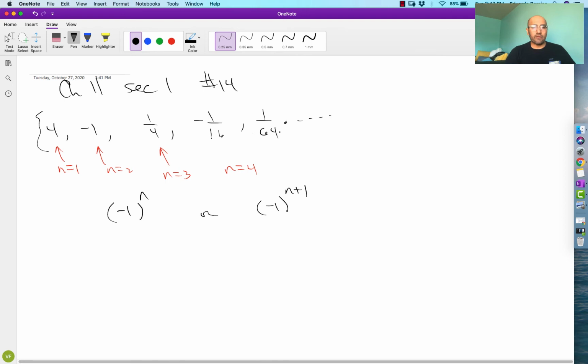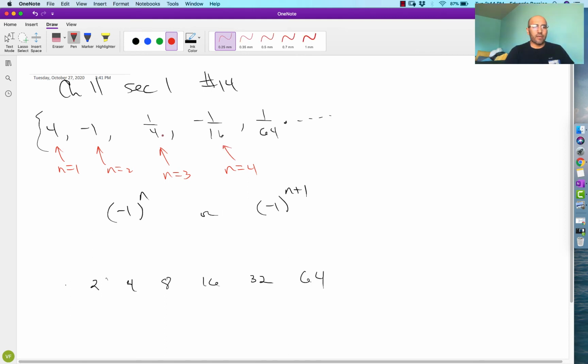So if the denominator is powers of 2, 2 to the 4th power, 2 to the 3rd power, right? Well, 2 to the 1 power is 2, 4, 8, 16, 32, 64. So that's interesting that it's kind of missing out on some of these powers.